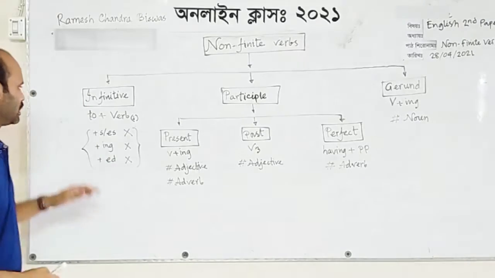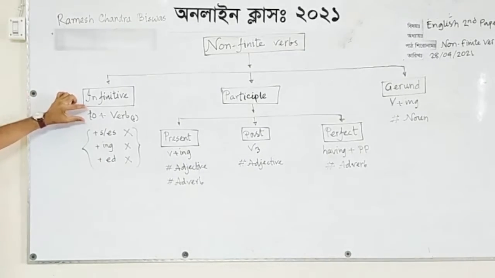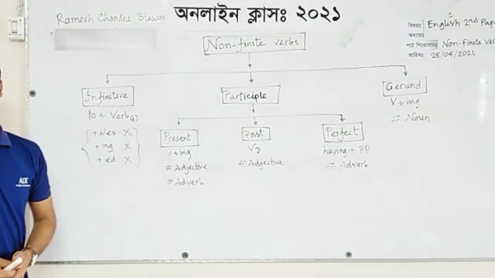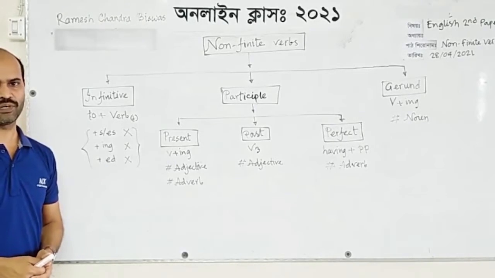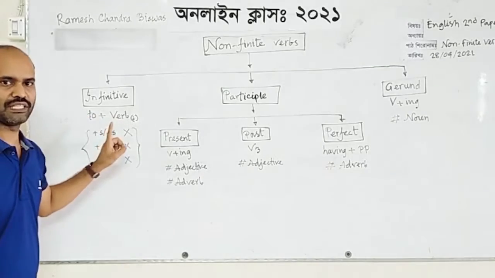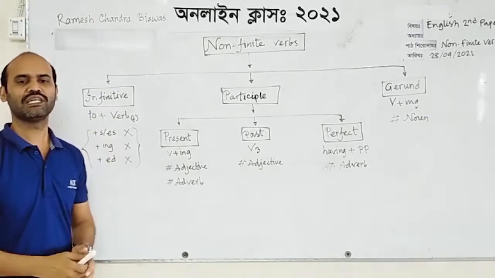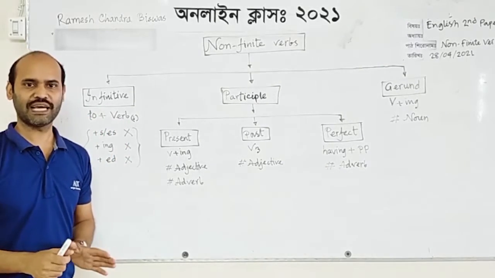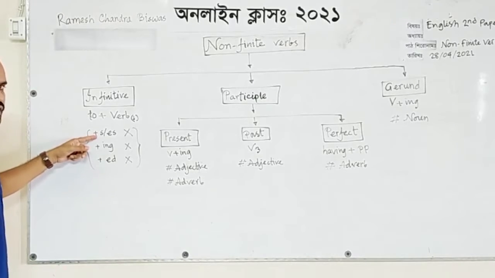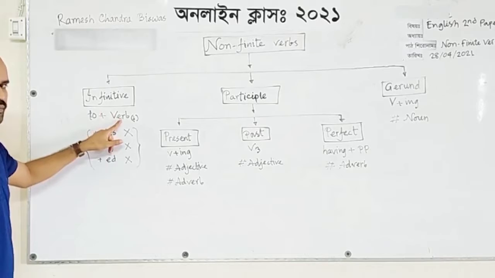As you can see, I have written the form of an infinitive. An infinitive is formed with to and the base form of the verb. Look, this verb shall be used in the base form, not in another form. That is, we cannot add any s or es with this verb.